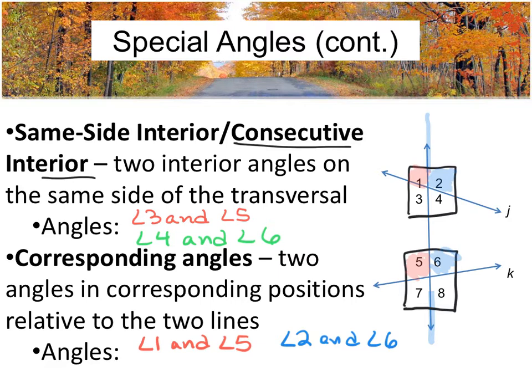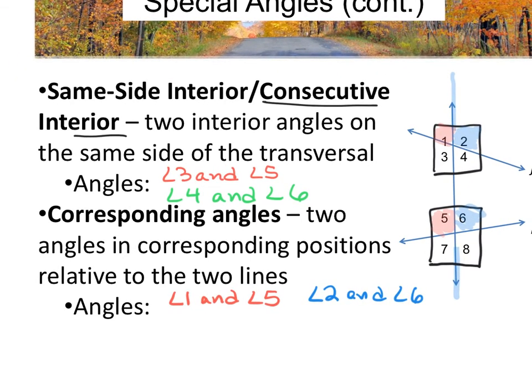They're in the same corresponding position relative to the two lines. I can now do the same thing with the bottom corners. So angle 3 corresponds to angle 7. And then lastly, angle 4 corresponds to angle 8 because it's in the bottom right.